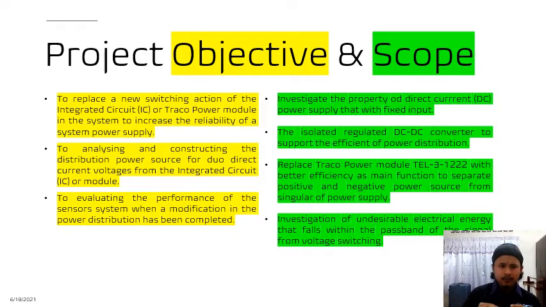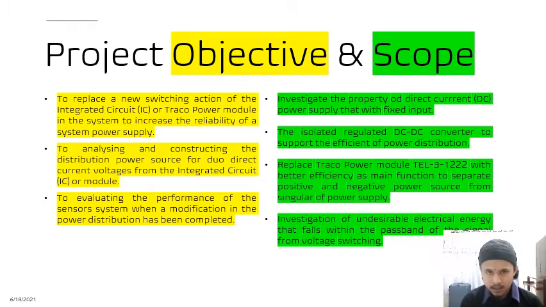Next is analyzing and constructing the distribution power source for dual direct current voltage from the integrated circuit. Next is evaluating the performance of the sensor system when the power distribution has been completed. Those are the three main objectives for this project.